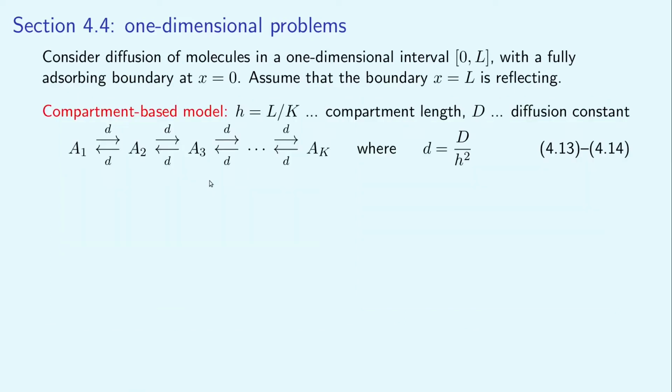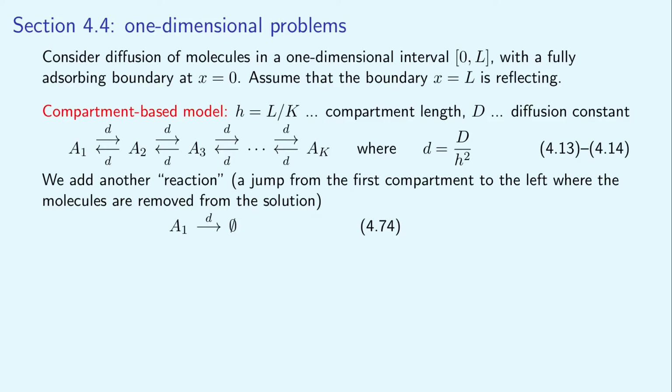Considering the compartment-based model, we divided the computational domain interval [0, L] into K compartments of length h equal L over K. We model the diffusion process by the following chain of chemical reactions, where A_j denotes the number of molecules of the chemical species A in the jth compartment, and the jump rate between compartments is given as the diffusion constant divided by h squared.